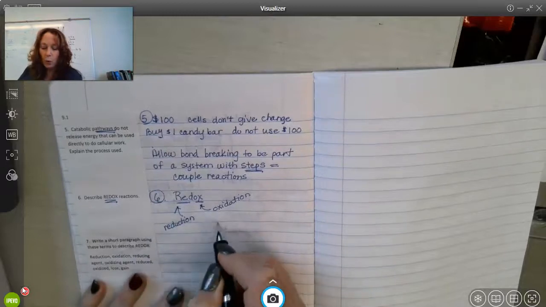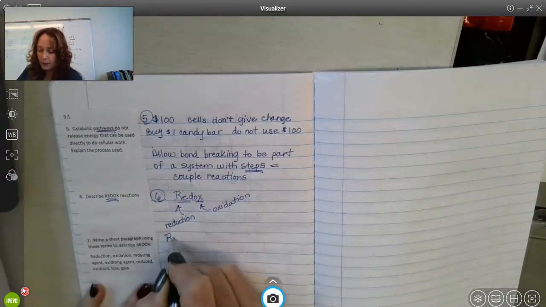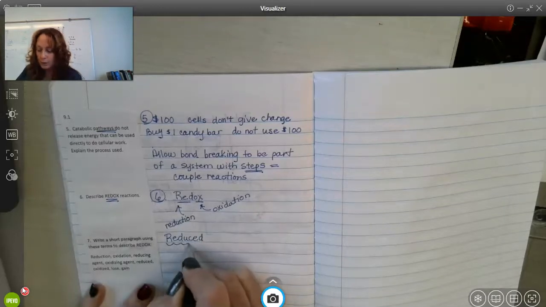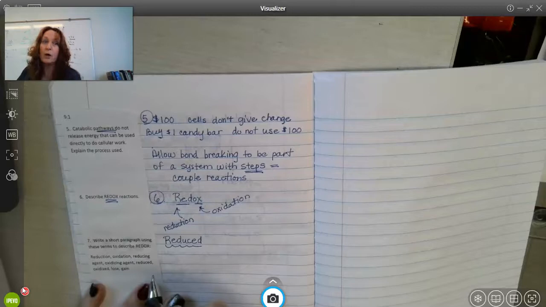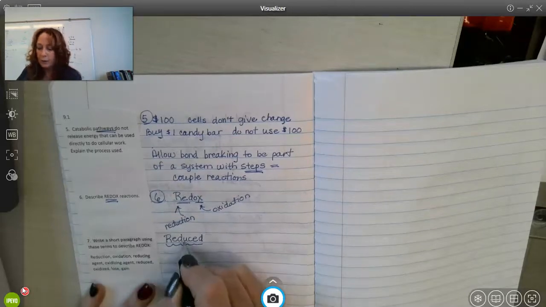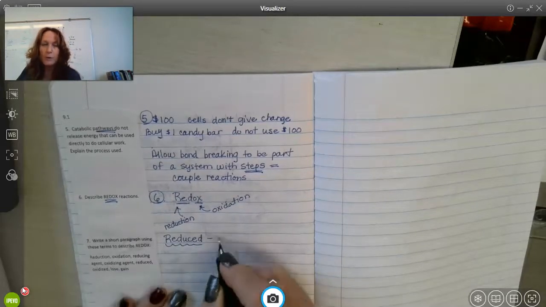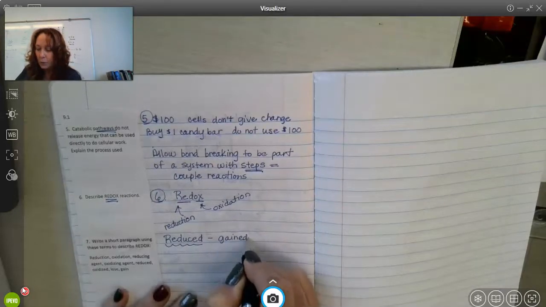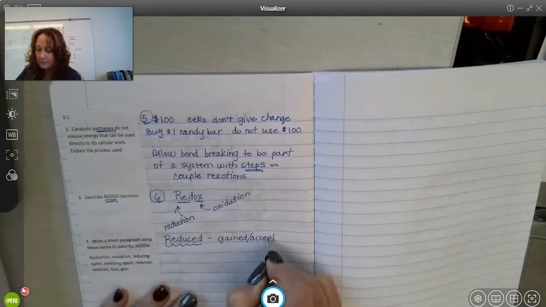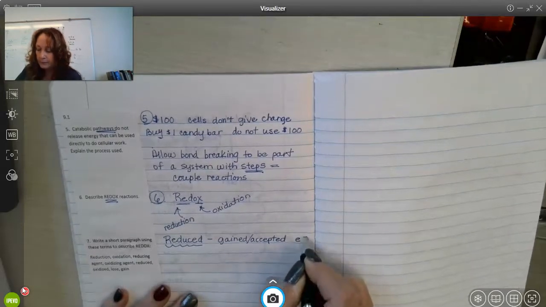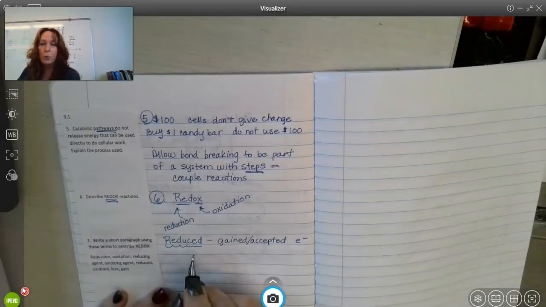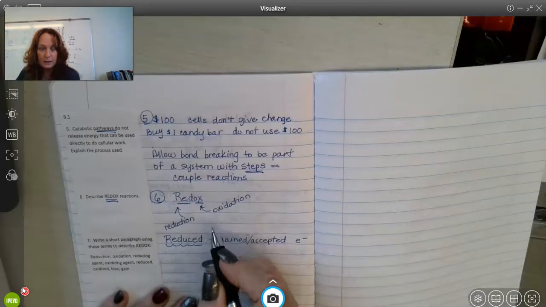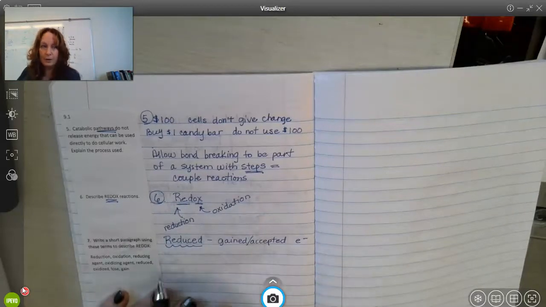So the word itself, reduction, if you do the verb, reduced, so let's put a buzzword under that because that's a word we're going to use all the time. Reduced refers to the molecule that gained or accepted the electron. Because whenever there's an electron that's going to be released, there has to be some molecule that takes that electron.